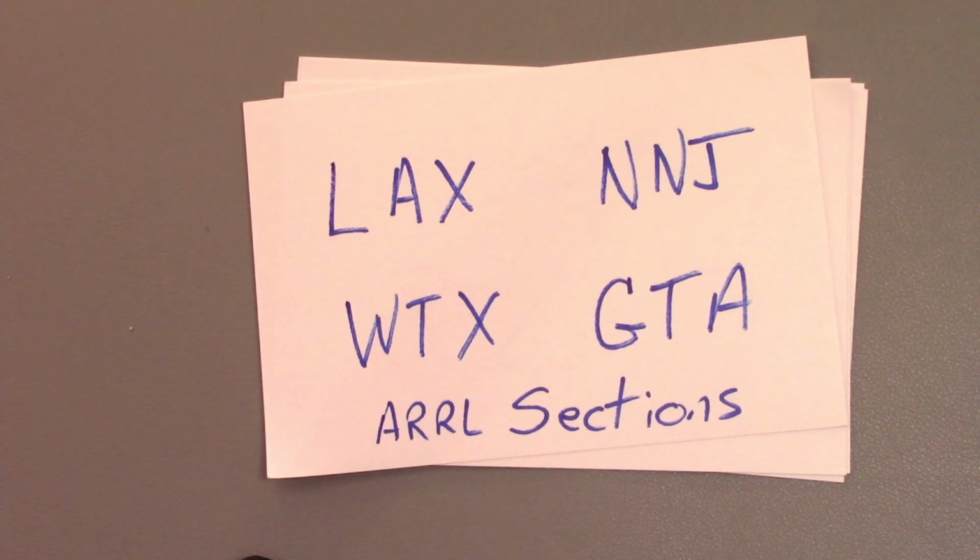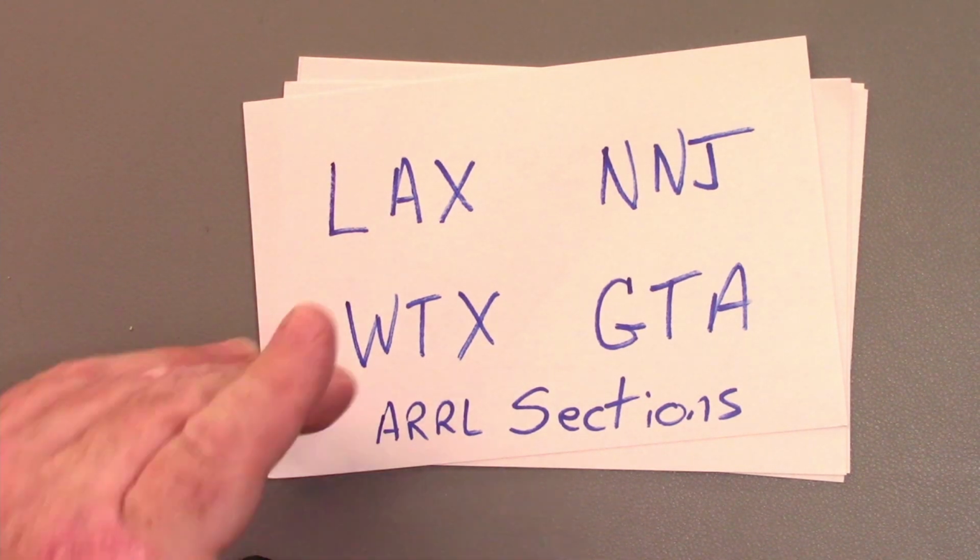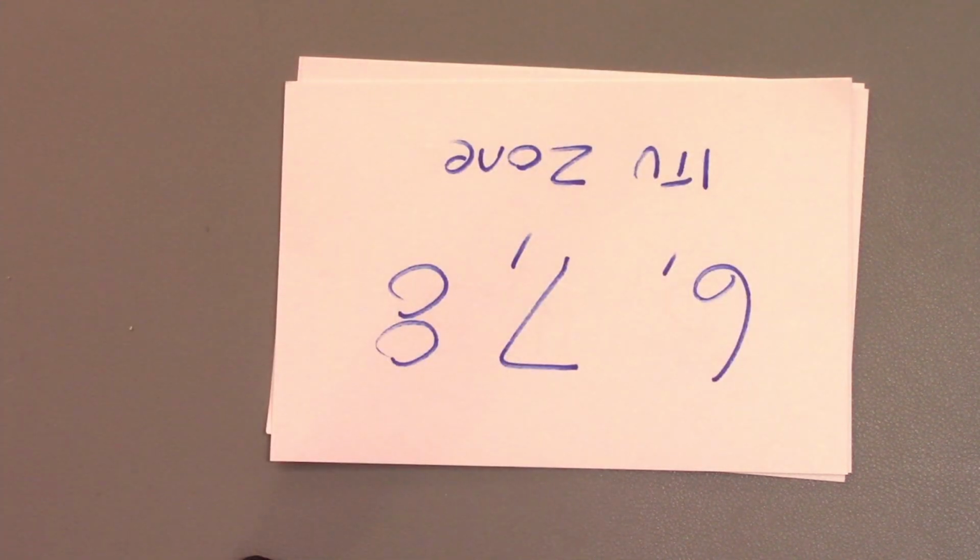If you're in the U.S., you will always be in a section, but depending on where you are, it will be a different section. Mine's real easy. I'm in Georgia, but if I was in New York, I might be in Western New York, or Northern New Jersey if I was in Jersey. So there's a lot of different ones. You can look up online and find your ARRL section pretty easily.